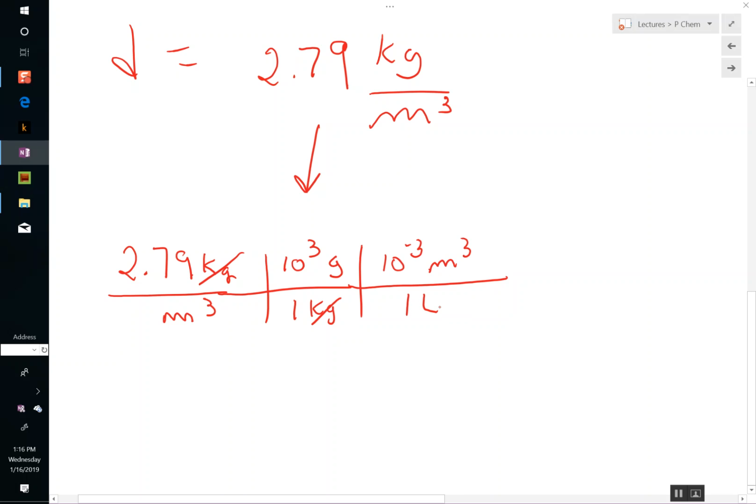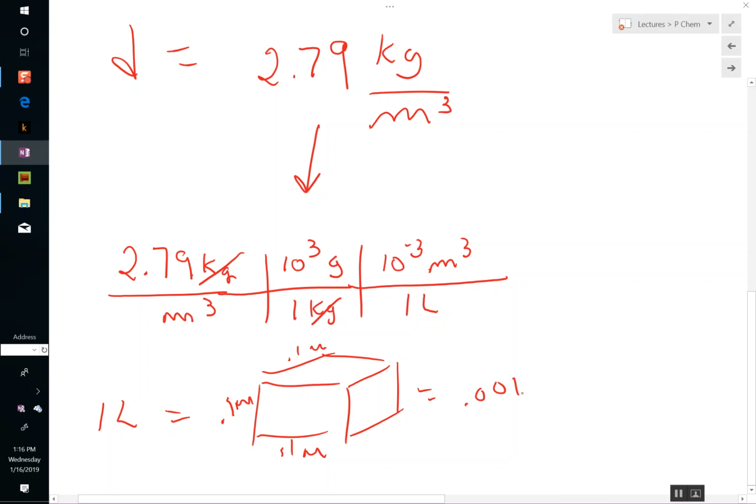A liter is 0.1 meters by 0.1 meters by 0.1 meters, or 10 to the minus third cubic meters.